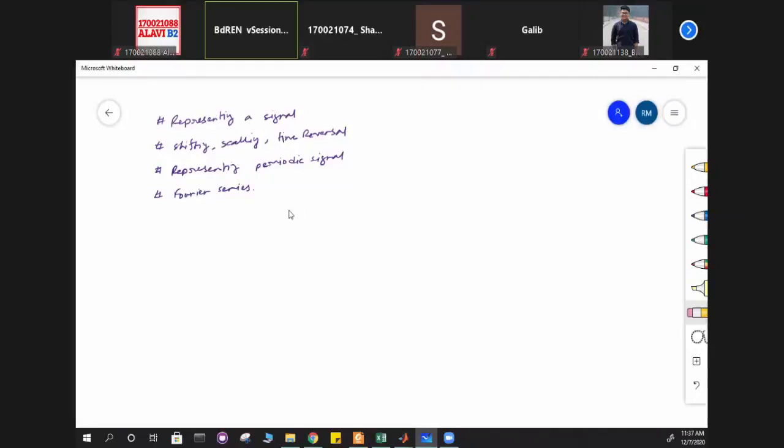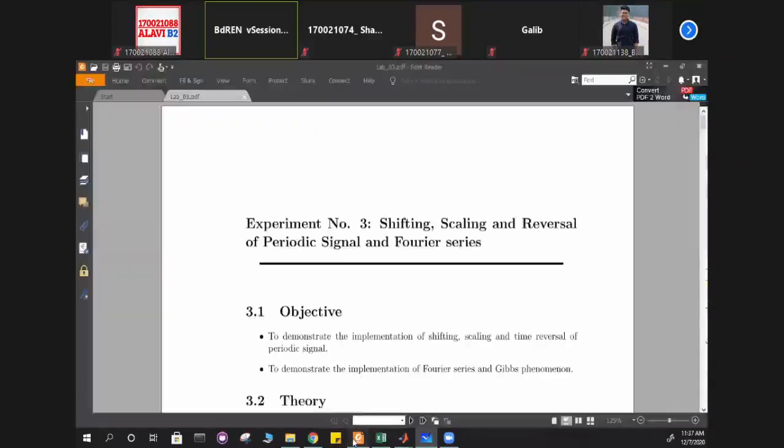So we learn how to represent those types of signals: one cycle is given, the attributes of one cycle are given, how to represent the other cycles. The last thing we will see is the Fourier series. So let's start with the representation of a signal.